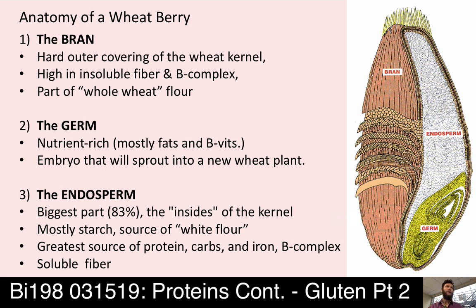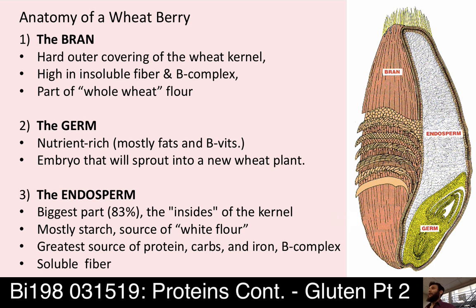This is where the starch is. The starch is the repeating unit of glucose that serves as an energy source for the plant as the germ grows. And the endosperm is the part that makes white flour.